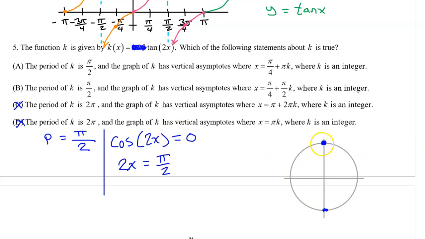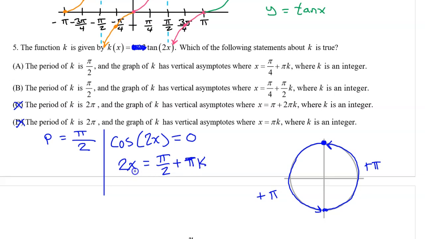So instead, recognize that we can get from one solution to the next solution by adding pi. And in fact, every time we add pi, it takes us to the next solution. So we can write an expression for the infinitely many solutions by adding multiples of pi. In other words, by adding pi k, where k is any integer.